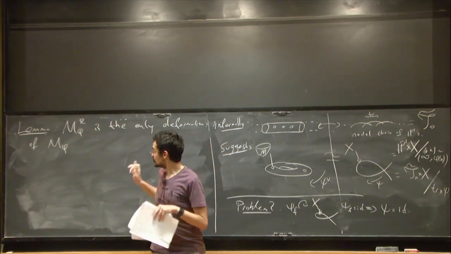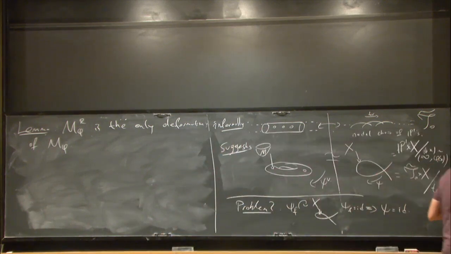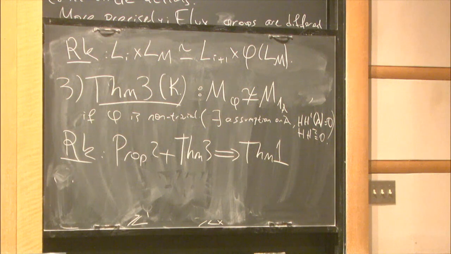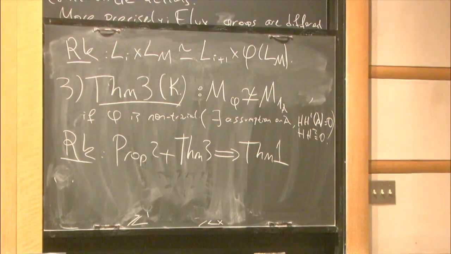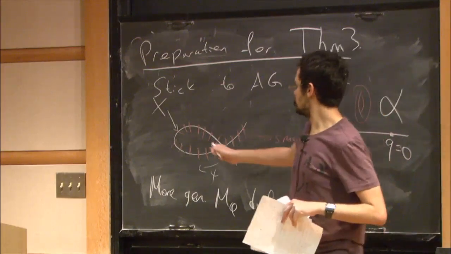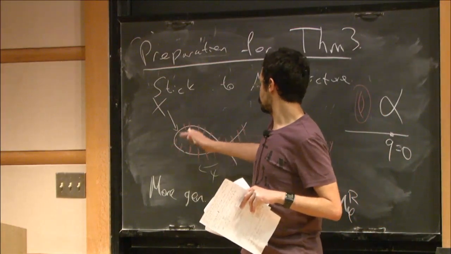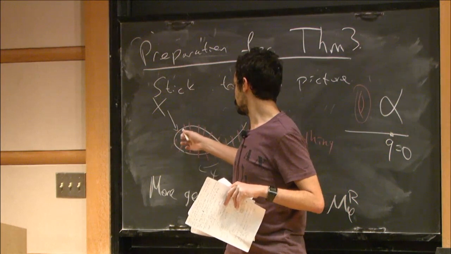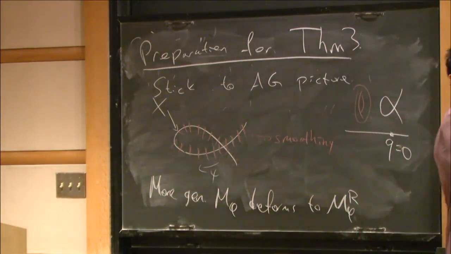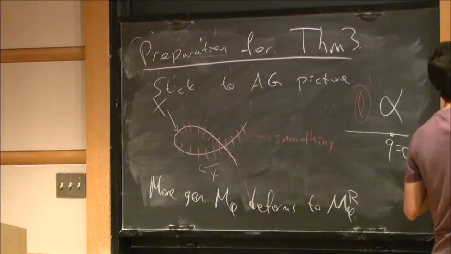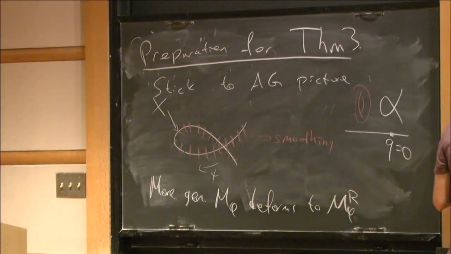And let me not cheat here. By this assumption, HH upper 2 equals 0, the fiber direction here doesn't have any deformations. So there's nothing that's coming from the fiber direction, and every deformation comes from the base direction, and the base actually has only one deformation, that's the Tate family. That lemma is essentially telling this. And this is the solution to problem 1.